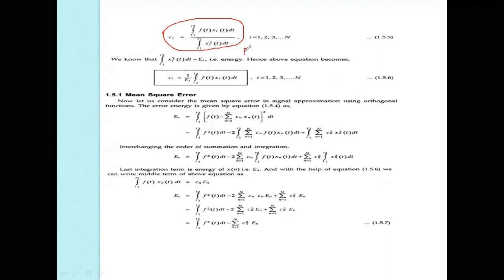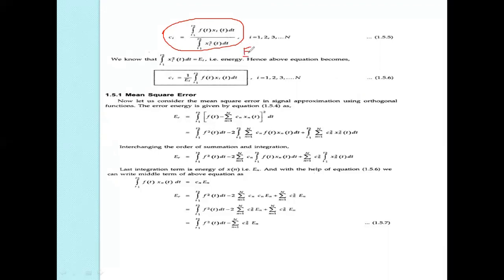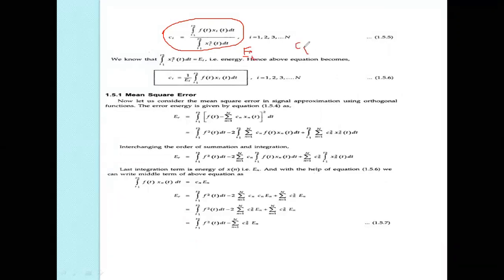You can assume that as Ei, and cross multiplying it becomes Ci into Ei. Since i is only a variable, you can replace that as Cn into En. So that is equal to the integral T1 to T2 of f of t and xn of t dt. Got it, my dear friends?